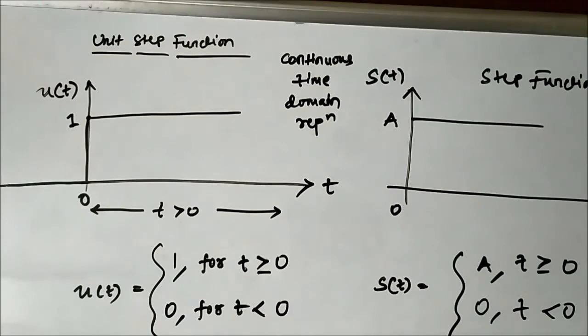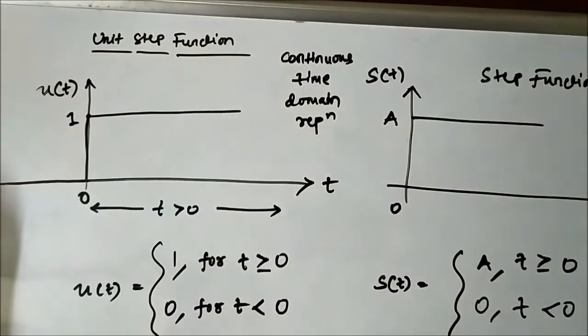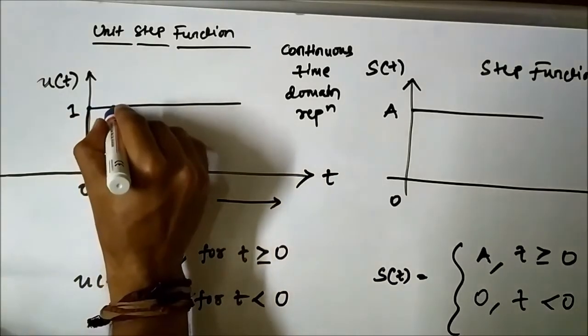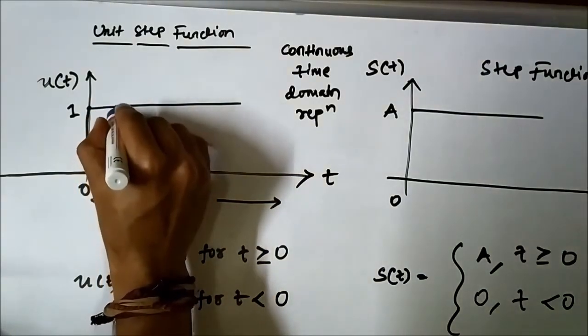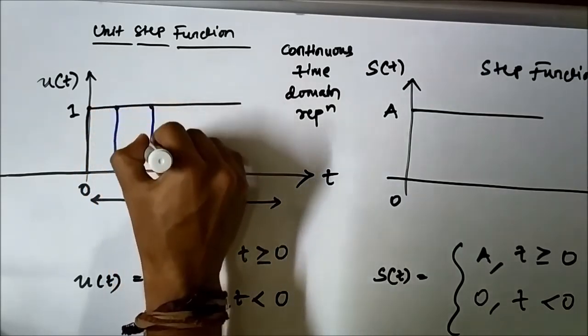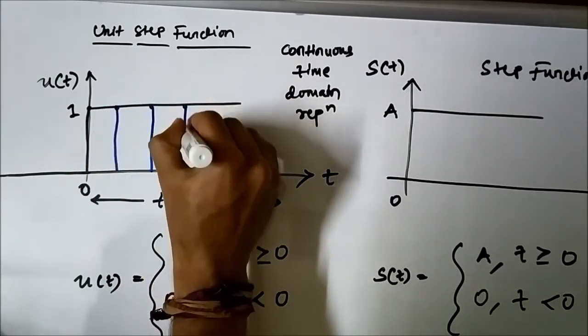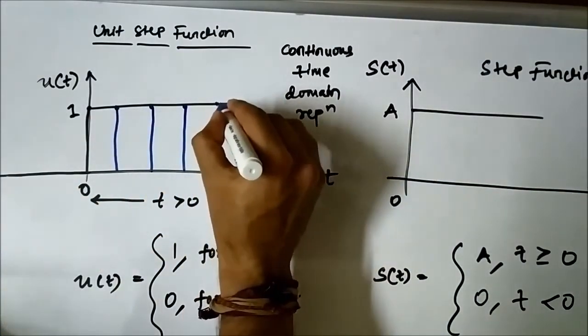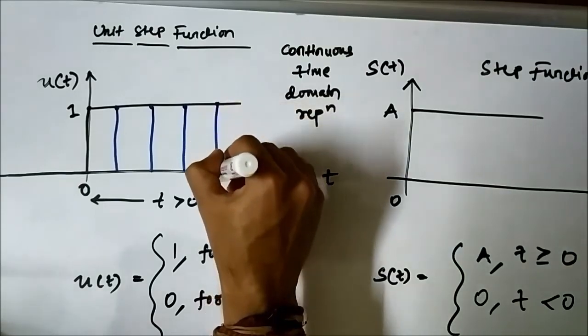Now suppose by the process of sampling, following the Nyquist sampling theorem, which states that the sampling frequency must be greater than or equal to twice the maximum signal frequency, we take samples of this unit step signal at equidistant time intervals, at equal spacings of time.